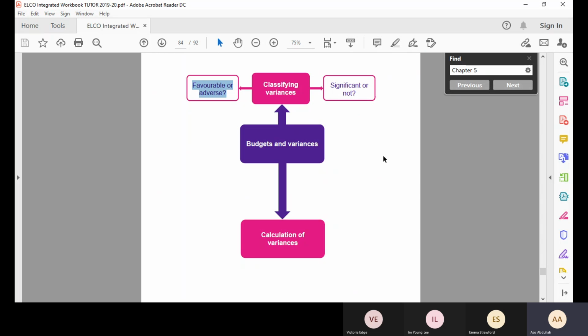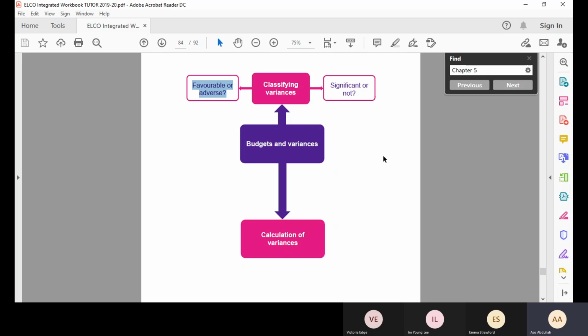I already uploaded a number of questions, and we'll look at the questions later on. Significant or not: for example, if you're planning to buy 4 pieces of clothes within £100 and you spend £110, the £10 is only about 10% extra. Say the variance between your budget and your actual is more than 4% or 5%, then it is going to be significant.